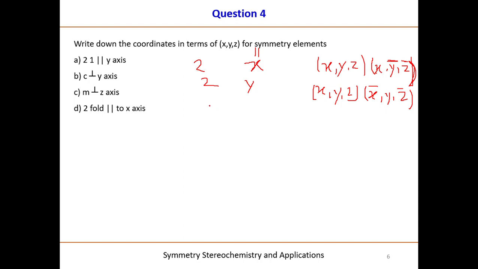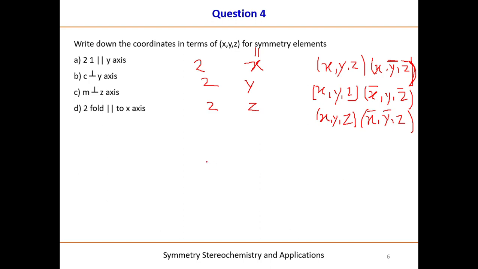Similarly, if we have a two-fold axis parallel to the z axis, then we write x, y, z and x bar, y bar and z.